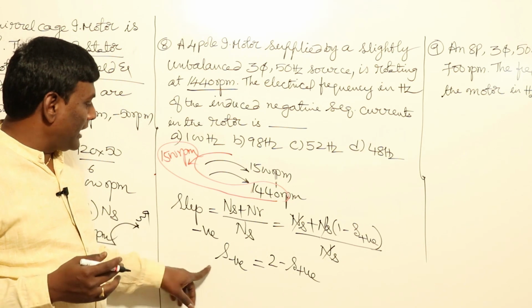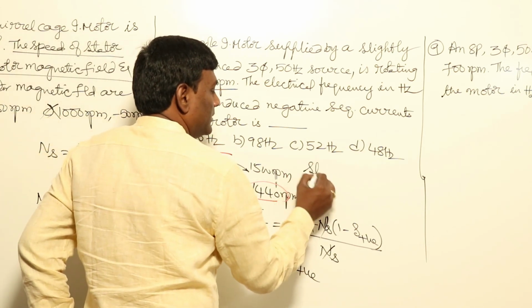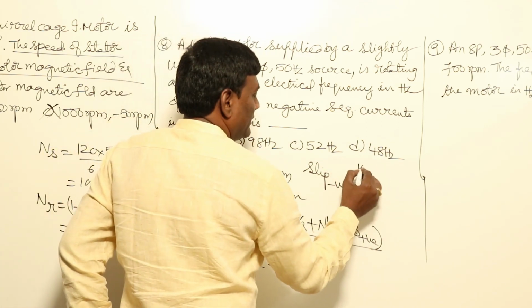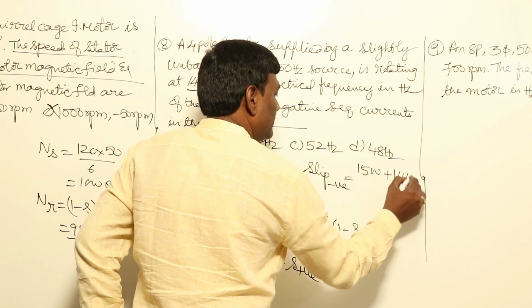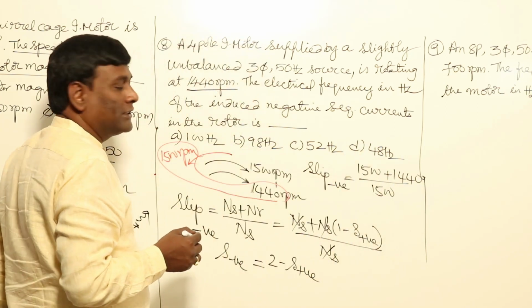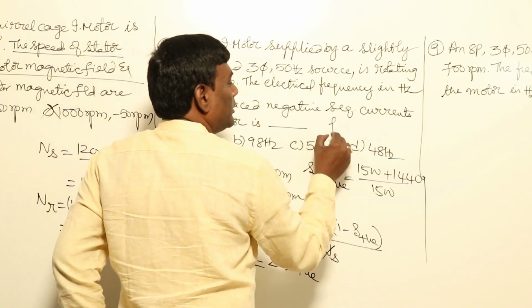So if I calculate the slip for the negative sequence, it is going to be (1500 plus 1440) by 1500. Now what is the frequency of the rotor induced voltages?